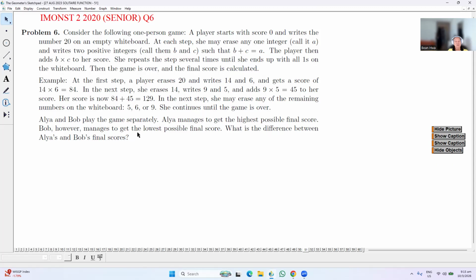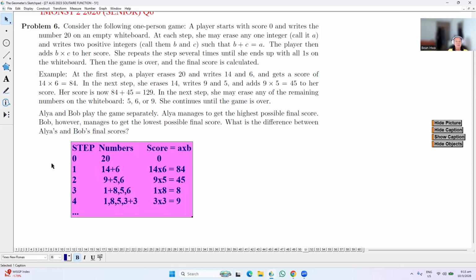Let me tabulate the example to help understand the question better. Step 0, number is 20 and the score is 0. Step 1, 14 plus 6 is 20 and you score 14 times 6, 84.